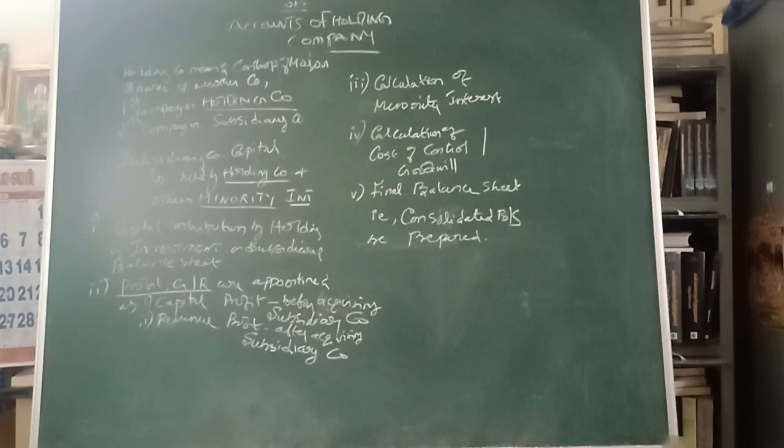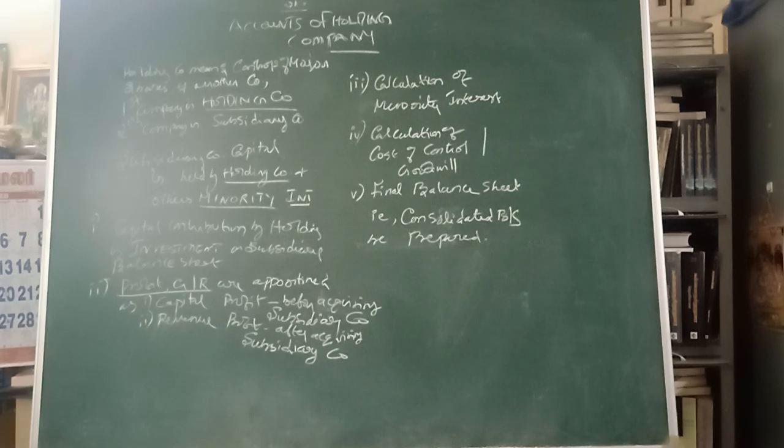Then, after segregating pre-acquisition profit and post-acquisition profit, that is capital profit and revenue profits, calculating the minority interest, and calculating the cost of control, goodwill or capital reserve, if there is any dividend, that should be adjusted. Any overvaluation or undervaluation of the assets should be adjusted accordingly for the pre-acquisition and post-acquisition period.